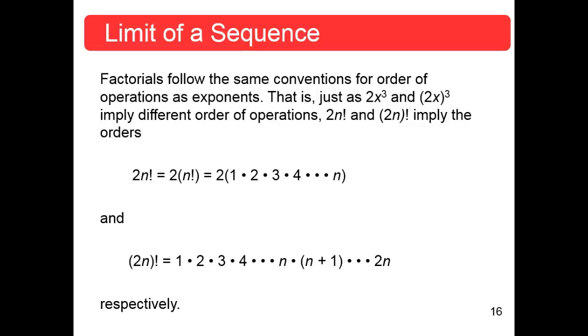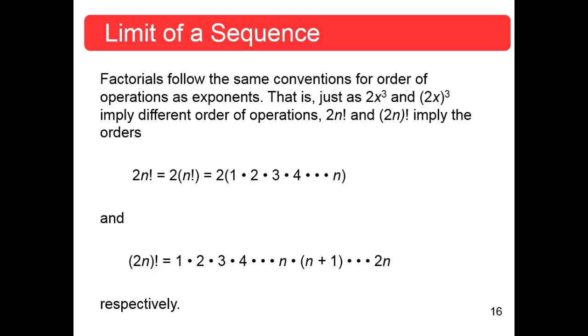Factorials follow the same conventions for order of operations as exponents. Okay? Rather bizarre statement. That is, just as 2x cubed and (2x) cubed are not the same thing. They're different order of operations. So 2 times n factorial and (2n) factorial are very different.